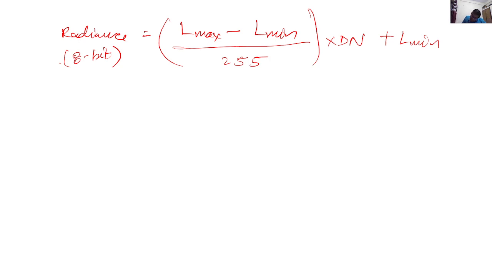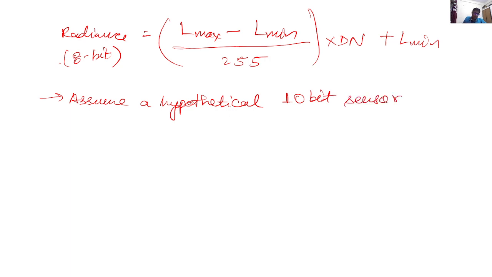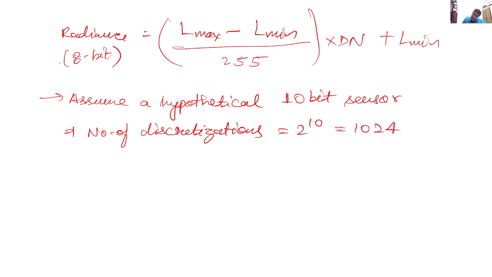So let's take an example. Let us assume a hypothetical 10-bit sensor. This implies the number of discretizations would be 2 to the power 10, which is equal to 1024.